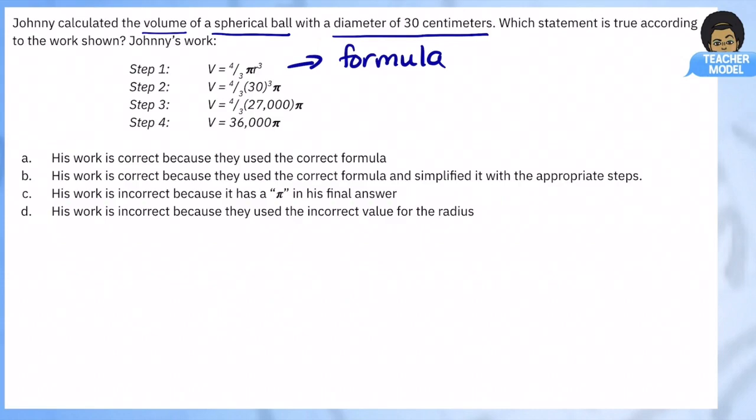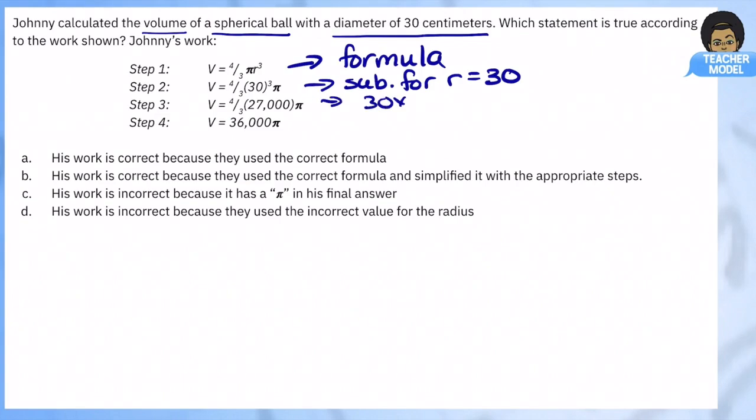What do you see in his second step? What's different between the first step and the second step? Instead of an r, he put the 30 in there. So he substituted for his radius: his radius equals 30 is what he has here. What's the difference between step 2 and step 3? He ends up getting 27,000. How did he get 27,000?